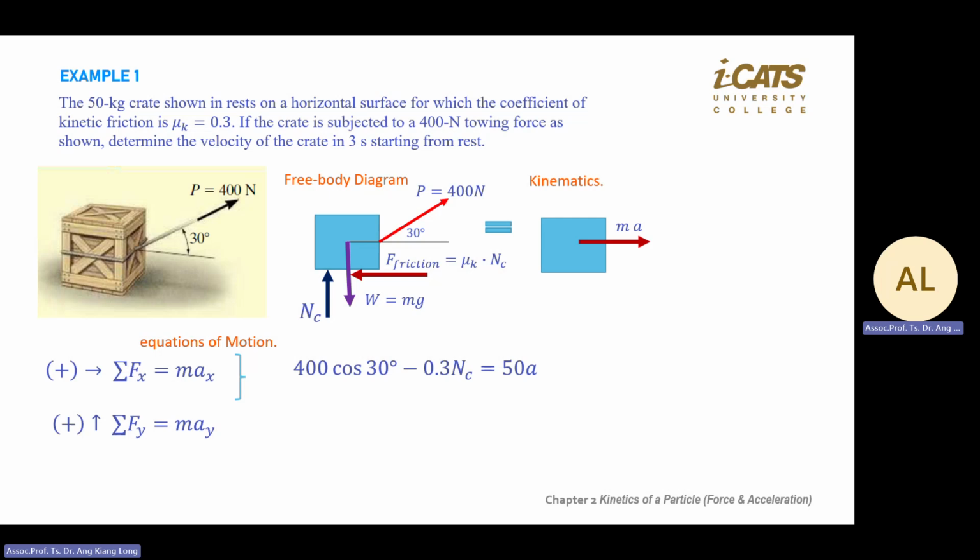So negative 0.3 NC equal. The right-hand side of the equation, you need to refer to the kinematic diagram. So here only see MA. So M is 50 kilogram multiply acceleration.